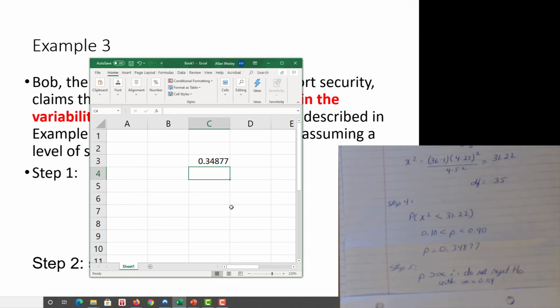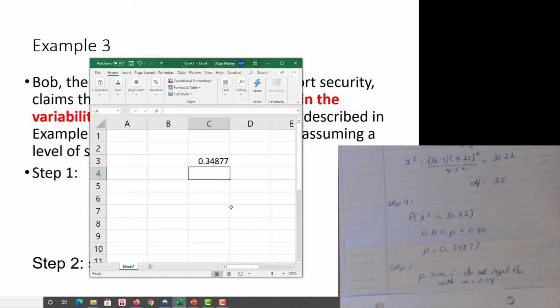And so we do not reject H0 with the alpha of 0.04, just too much risk associated with that. Type 1 error would be larger than with which we are comfortable. We're only comfortable with committing a type 1 error 4% of the time. If we were to reject H0 here, we would be committing a type 1 error almost 35% of the time. Way too risky for us.